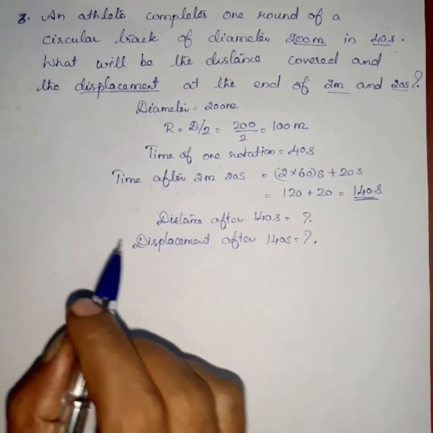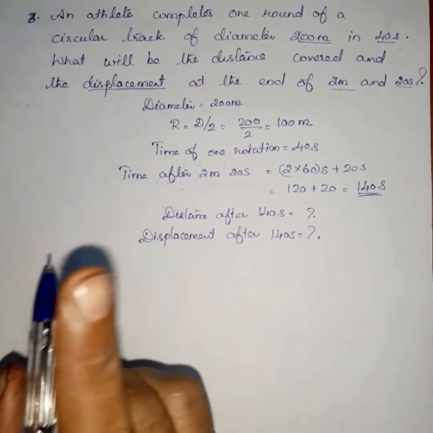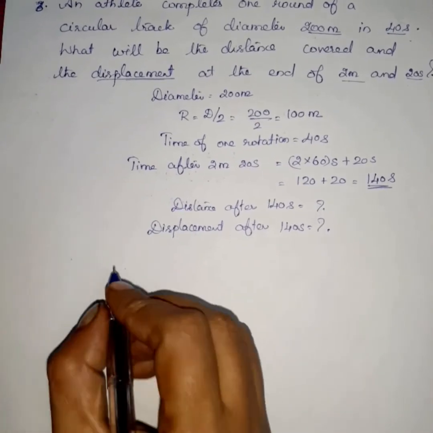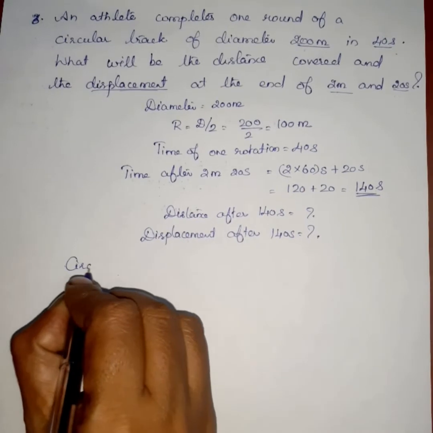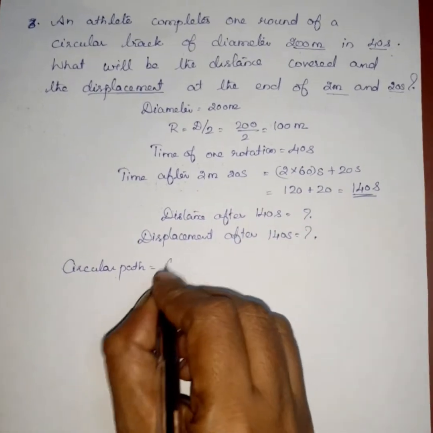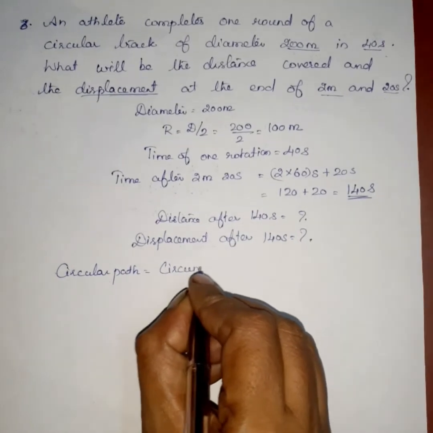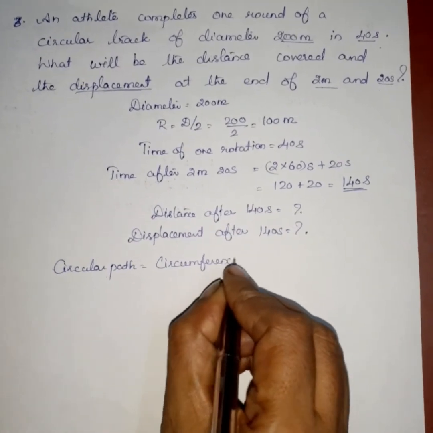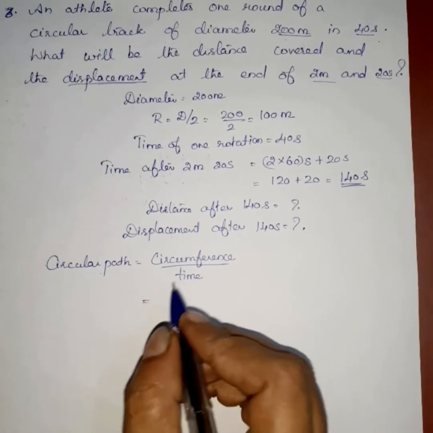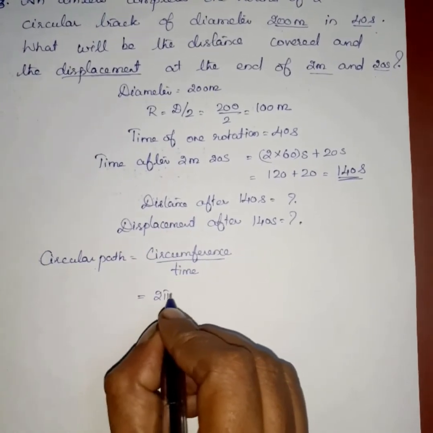So in the circular path the diameter is 200 meter. Here, circular path, what's the formula? Circumference divided by time. What's the formula of circumference? 2 pi r.